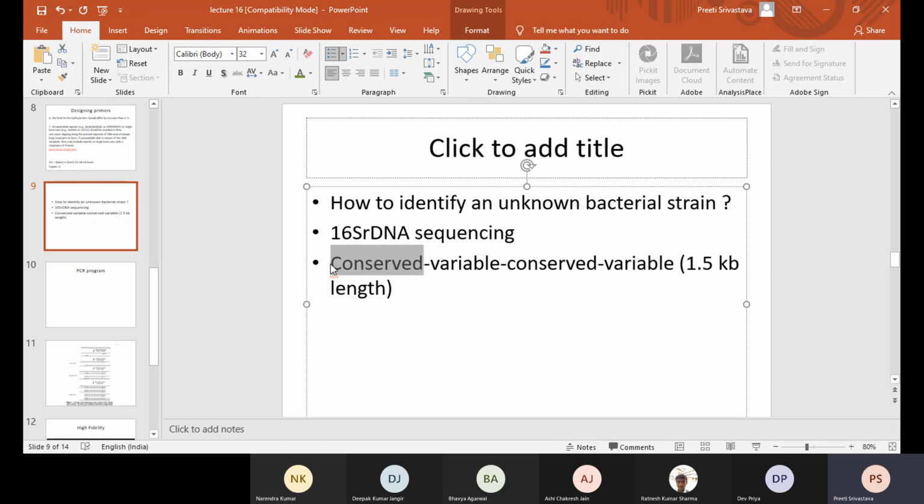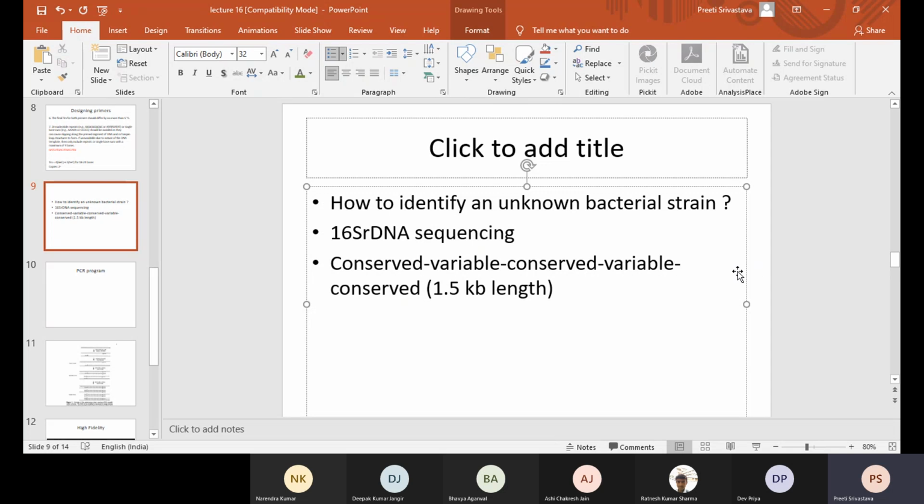And therefore class, what we can do is we can design primers which are specific to conserved sequences. Listen to me carefully. The primers are specific to conserved sequences, and therefore even if the bacterial strain is unknown, even if it's a new isolate which is isolated from, let's say, Mars, or Antarctica, or the sea, then still we can identify by simply PCRing, because the primers that will be designed are going to be conserved.